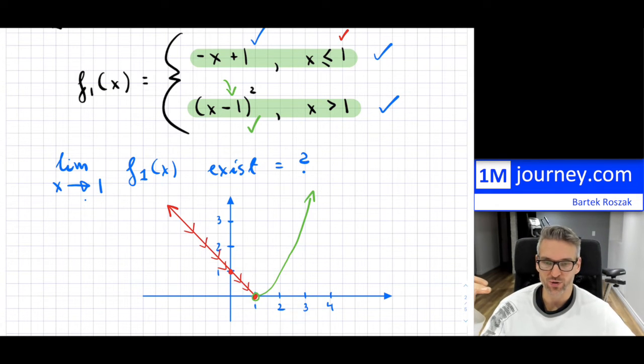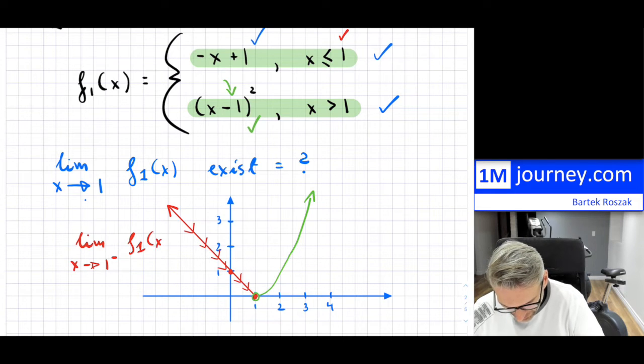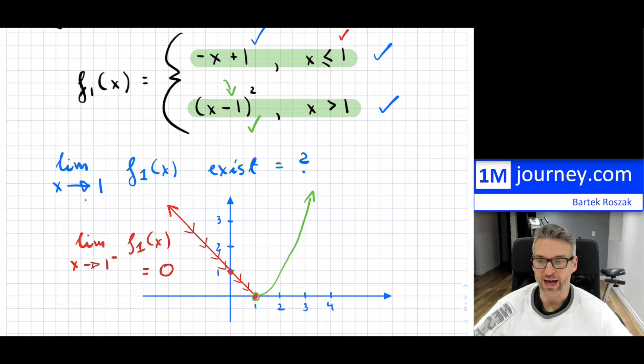As I get closer and closer, it looks like the limit as x approaches 1 from the left-hand side of f(x) is going to be equal to 0. All right, so that's what we would have.